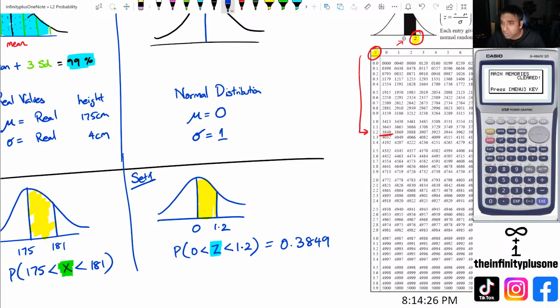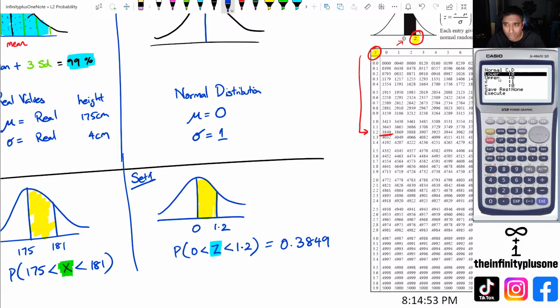Now let's say I want to use the calculator to figure it out. I know you're using a slightly different model of calculator, but it still works. Go into stat mode, then distribution, click on normal, and NCD.